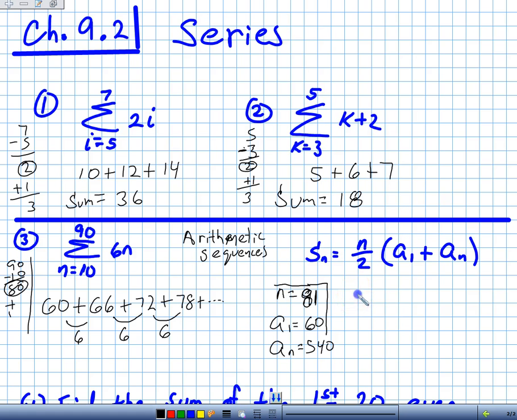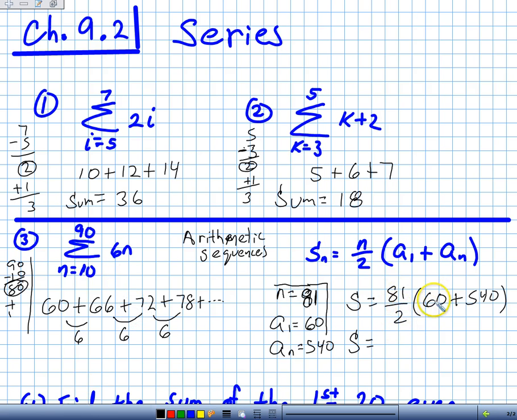Let's plug them into the formula. So we get a sum of 81 divided by 2, and then 60 plus 540. And let me do this calculation. You get a calculator.